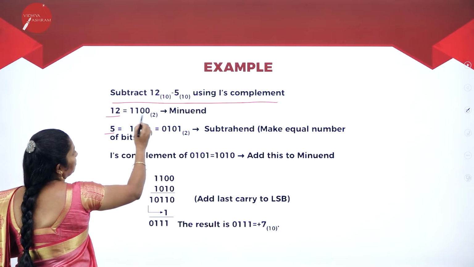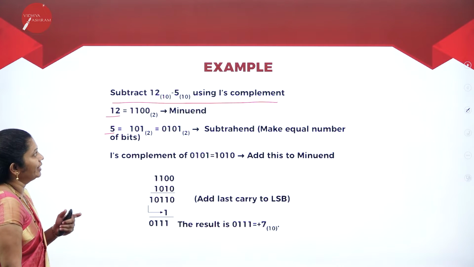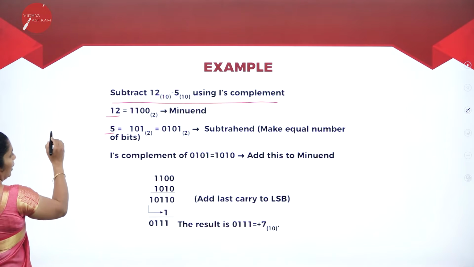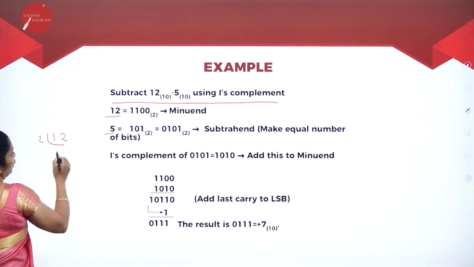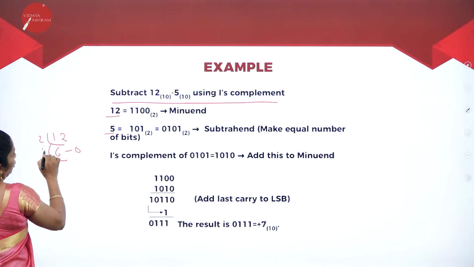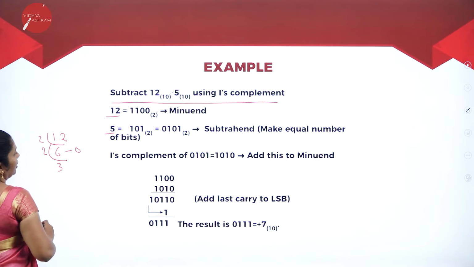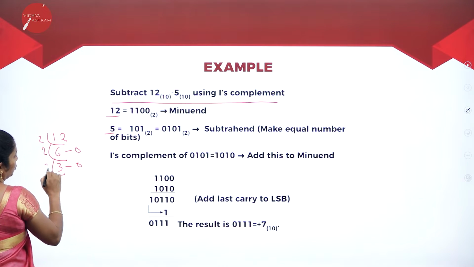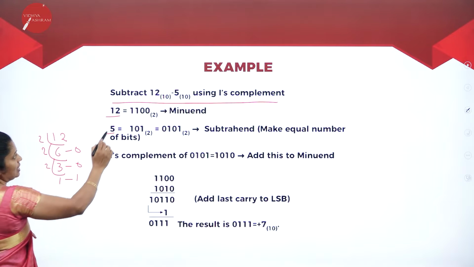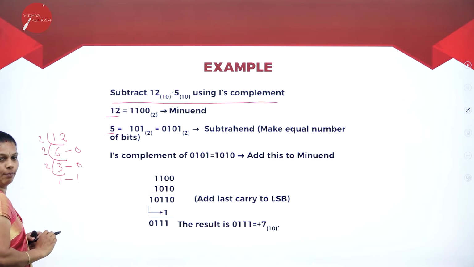Find the equivalent binary numbers. For 12, how to find the binary number? 2 6s are 12, remainder 0. 2 3s are 6, remainder is 0. 2 1s are 2, remainder is 1. So for 12 it is 1 1 0 0.